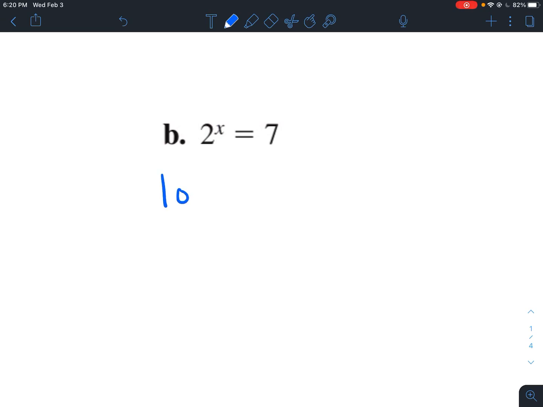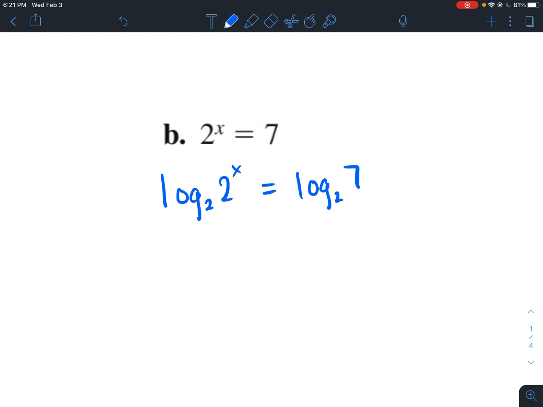On the left side I do log base 2 of 2 to the x power. So on the left side I took the log base 2. What this means is I also have to do that to the right side. So on the right side I also have to take the log base 2 of whatever is on the right side.